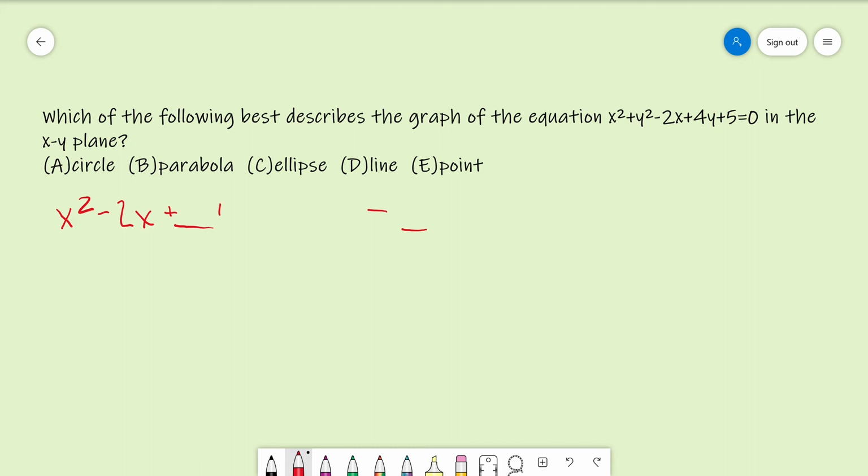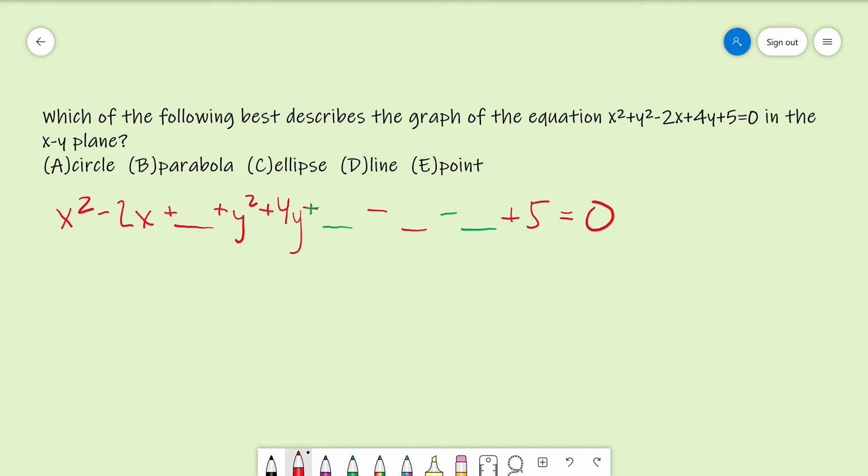And then plus y squared plus 4y plus some other number, which we'll have to subtract. And finally, we have this plus 5, all equals 0.